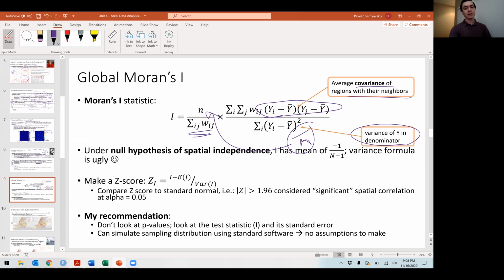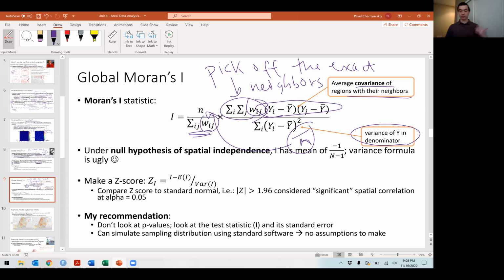The sums here are over just, this picks off only the neighbors, the exact neighborhood. These w_ij's are what are sort of indicators that pick off our exact neighborhood.